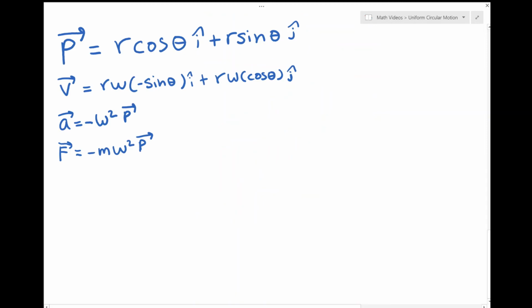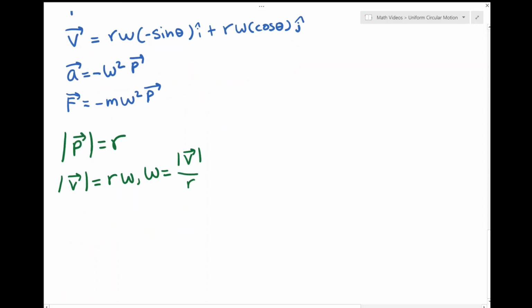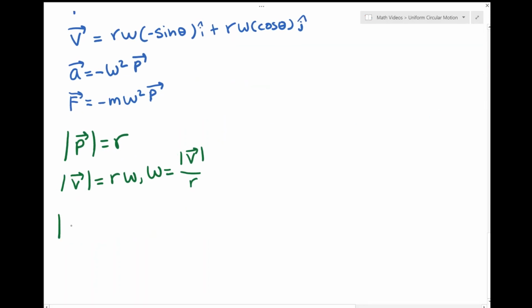We can simplify our formulas if we want to just deal with the magnitude, not the direction of these. So the magnitude of the position is just r. The magnitude of the velocity is r omega. Or we can rewrite this as omega equals the absolute value of velocity over r. And then the absolute value of acceleration is equal to omega squared times r.